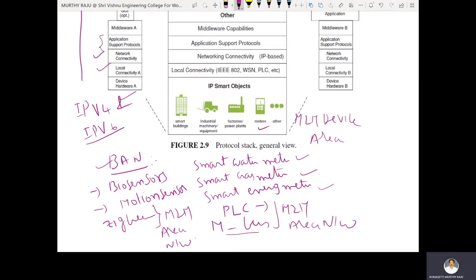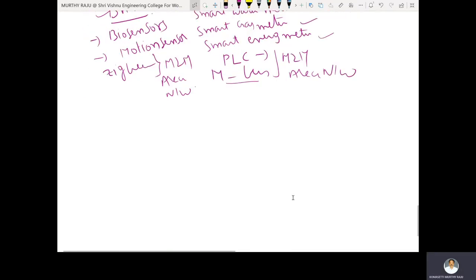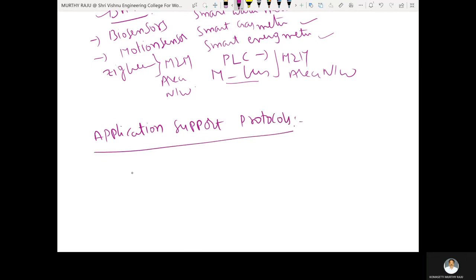Here are some application support protocols. Very important. Here is a combination of application layer protocols and transport layer protocols.